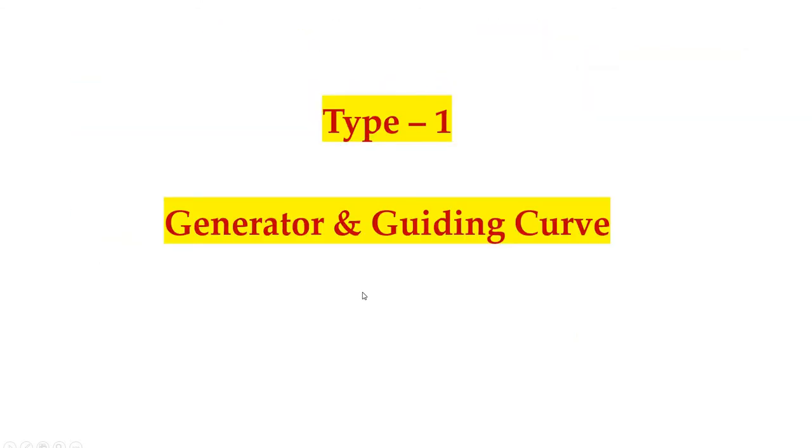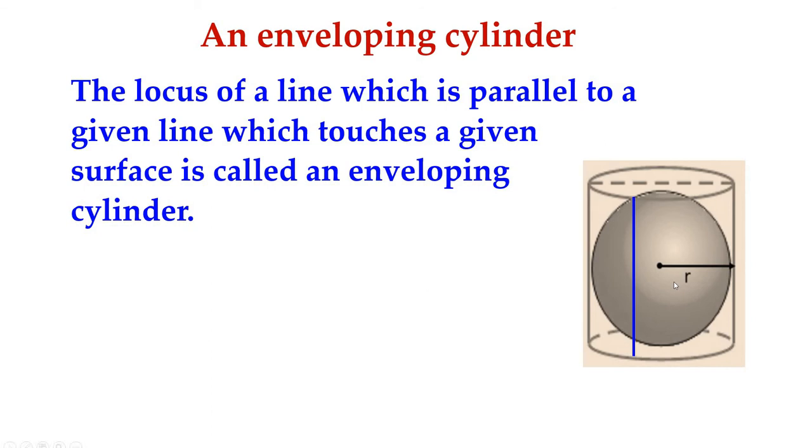Then we have the definition of the enveloping cylinder: the locus of a line which is parallel to a given line and which touches a given surface is called an enveloping cylinder. The line has to touch the surface, and the locus of that gives a cylinder.